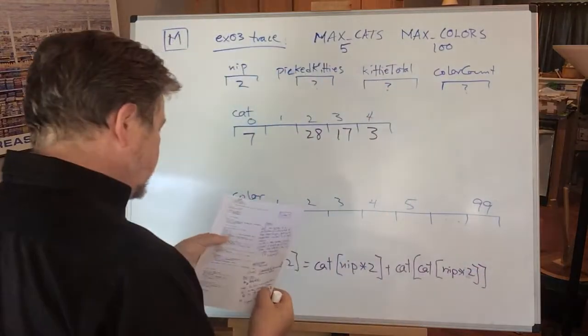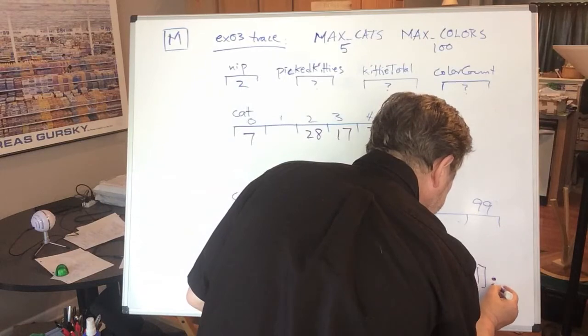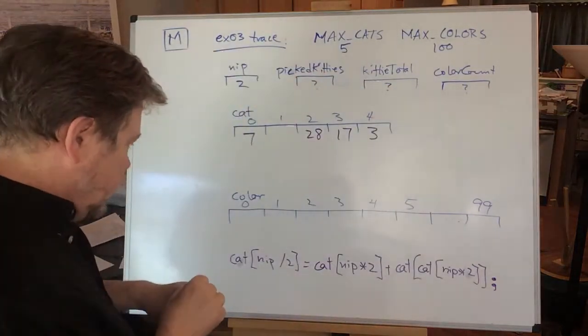Two close square brackets are called for there, and semicolon. Holy moly, what a convoluted mess.